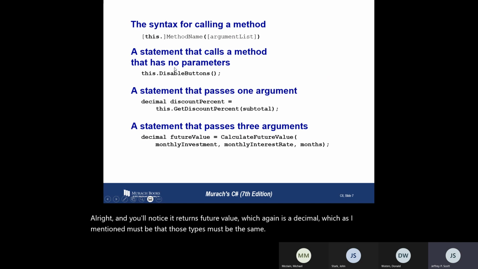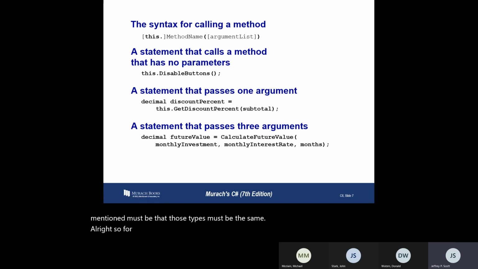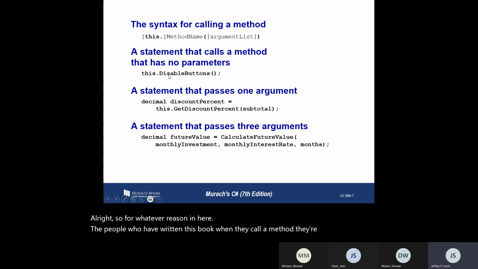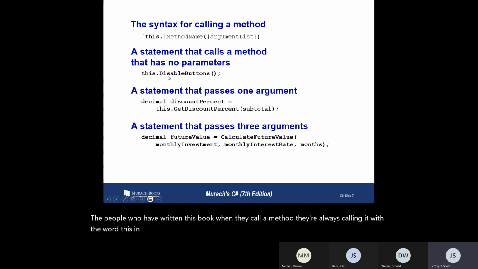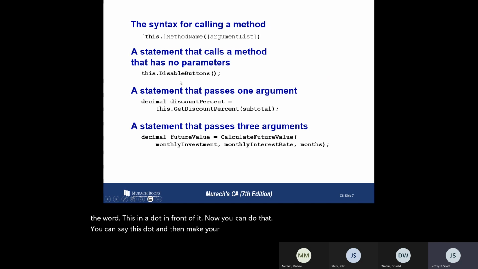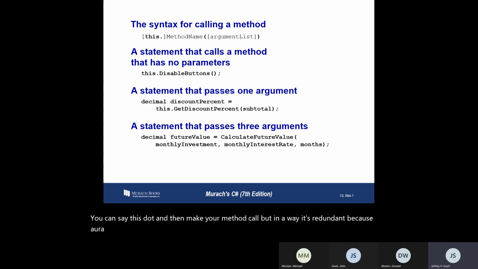For whatever reason, the people who wrote this book always call a method with the word this and a dot in front of it. You can do that and say this dot and then make your method call, but it's redundant, or superfluous, because that's what we're assuming anyway. It's this dot.